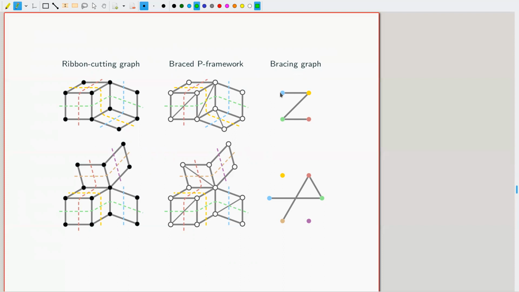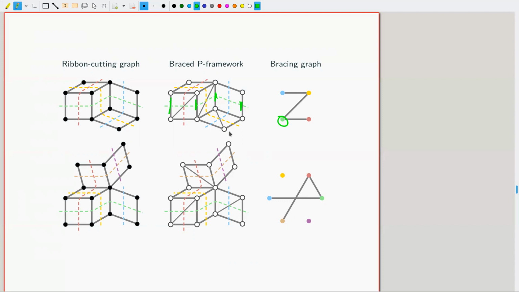So it's just a graph where the vertices are the ribbons of my brace P framework. So for instance, here this ribbon corresponds to this green vertex, etc., as indicated by the colors. And as before, the ribbons might meet at some 4-cycle. They might not.